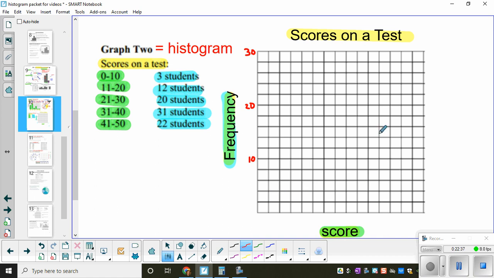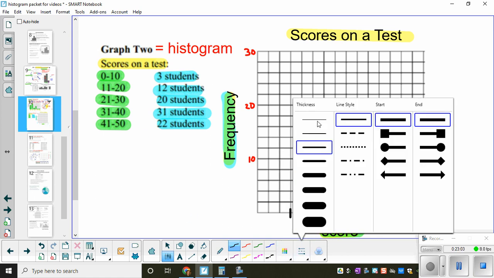And when I look at the graph over here, we've got 15 columns. So all I'm going to do is just break them up. For every 3, I'm going to put a little line. And the reason I'm doing that is because, again, 15 divided by these 3 give me the 5 categories.